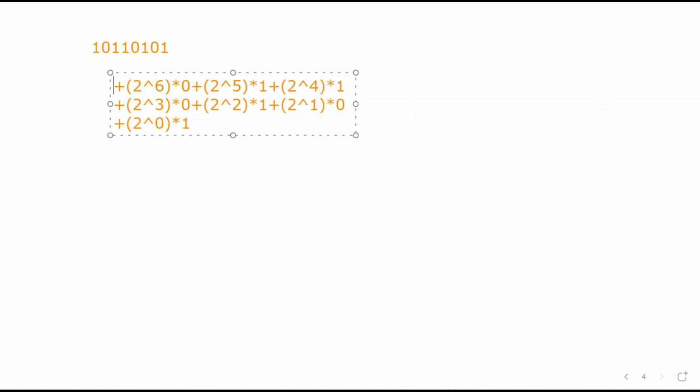And 2 to the power 7, the eighth bit is 1.